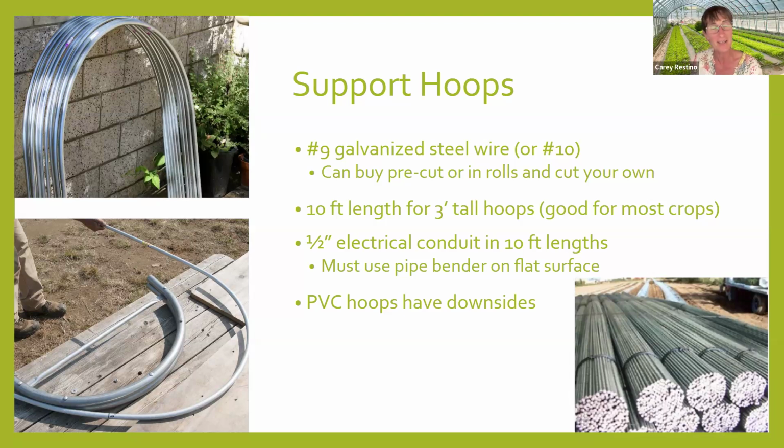My helpful engineer partner is saying, yeah, all you have to do is create something that's the shape that you want it to be and then test it out. It takes a little bit of finesse, but once you get it lined out, it's really fast. It's not a difficult process. And the 1/2 inch conduit hoops are very sturdy. You can get rain on them and they'll still stand up.